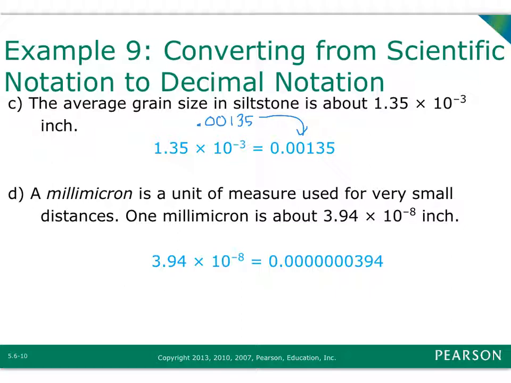A millimicron is a unit of measure used for very small distances. 1 millimicron is about 3.94 times 10 to the minus 8 inches.